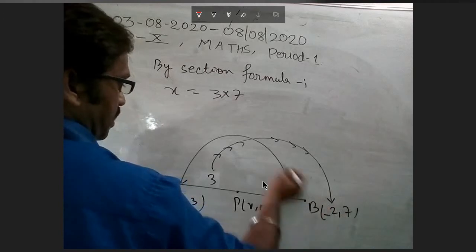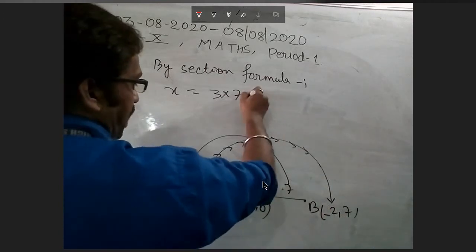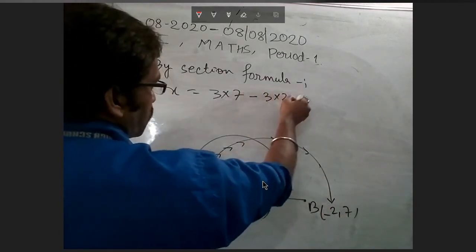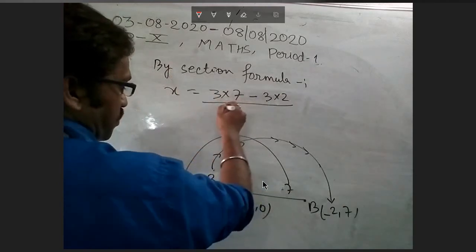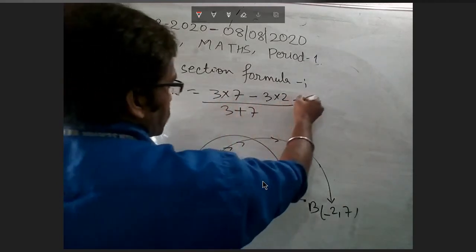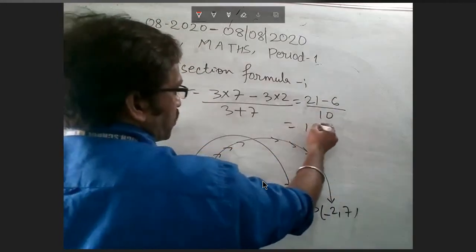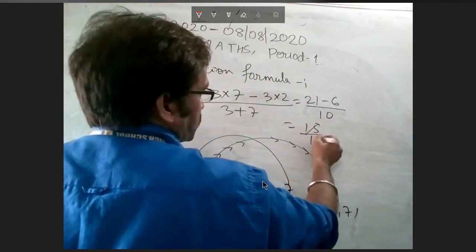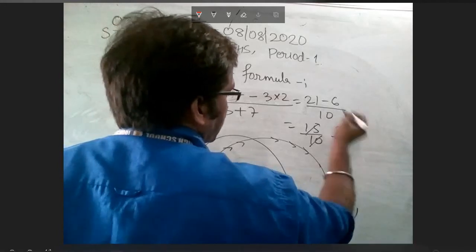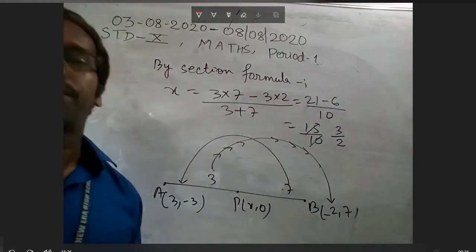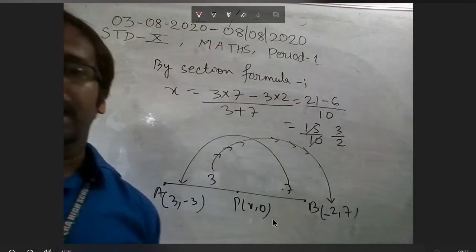Everything is clear to you why I am writing this, because we have practiced so many questions on this. Now the ratio of sides will be added, 3 plus 7, so that is 21 minus 6 by 10, which is equal to 15 by 10. So it is 3 by 2. Now my coordinate of x has come, that is 3 by 2, y is already 0.